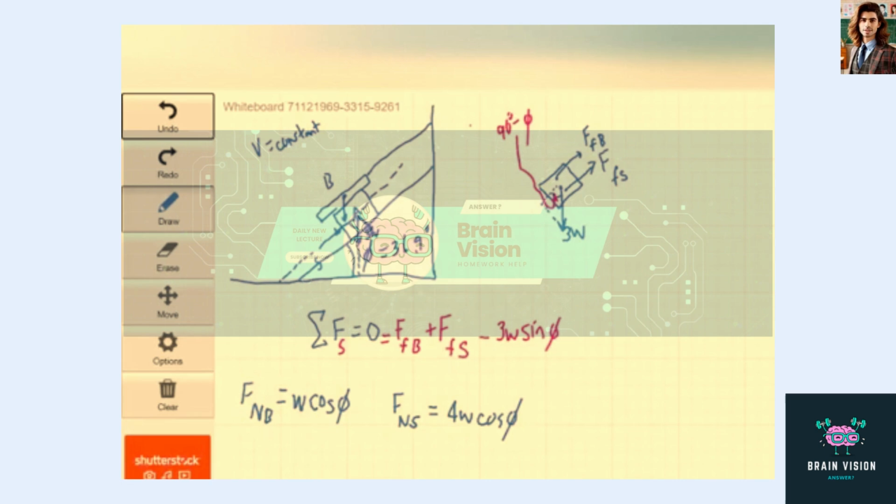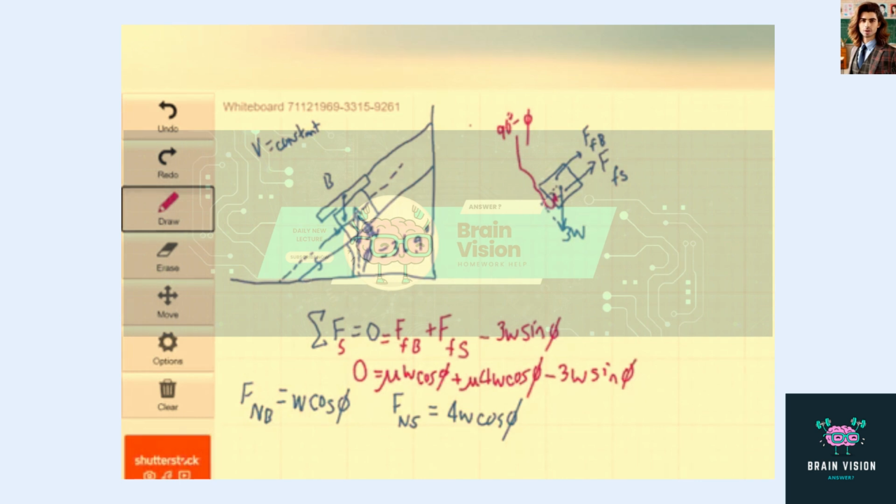Okay, so now, switching back to red, that's going to be mu, which is the same for both of them, times W cosine phi, plus mu times 4W cosine phi minus 3W sine phi.